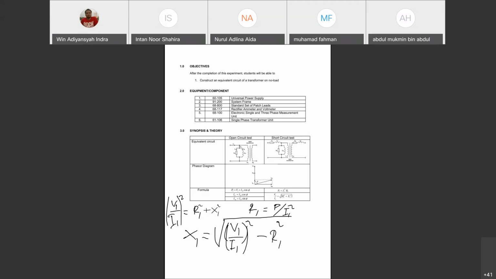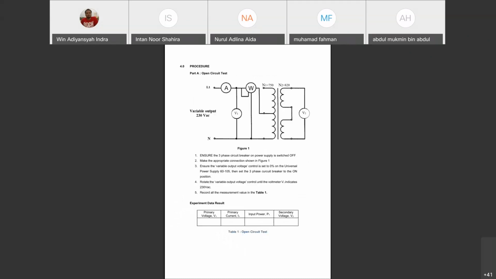Next question. B: the value of the equivalent core loss RC from the OC test, the open circuit test, from the first experiment. You basically just copy and paste the answer from the first experiment.